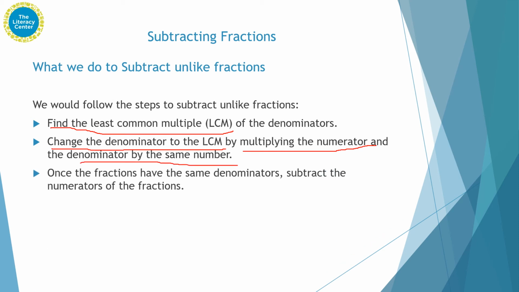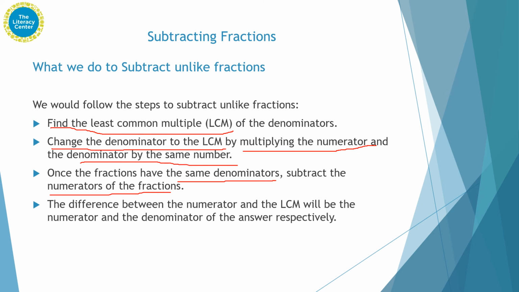Once the fractions have the same denominator, subtract the numerators of the fractions. The difference of the numerators and the least common multiple will be the numerator and the denominator of the answer respectively. And we can simplify our result if required.